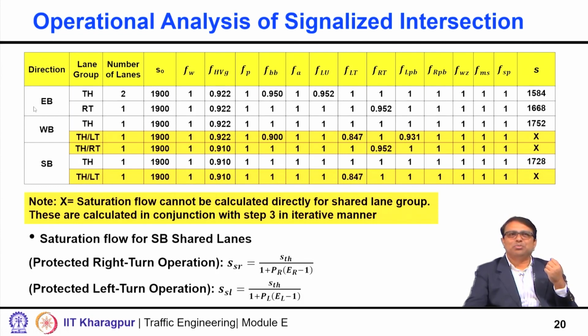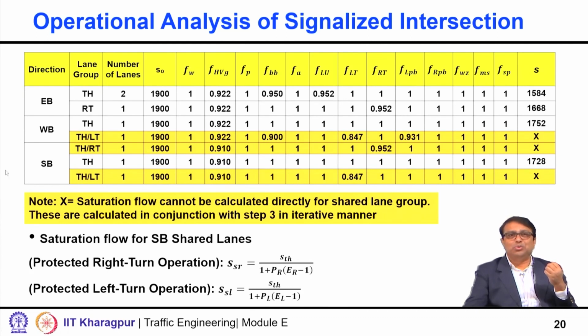Now, for eastbound I have shown through and right given the value, westbound through I have given the value, southbound also through I have given the value, but for the shared lane I have not given the value, written as x. Why? You know the reason.